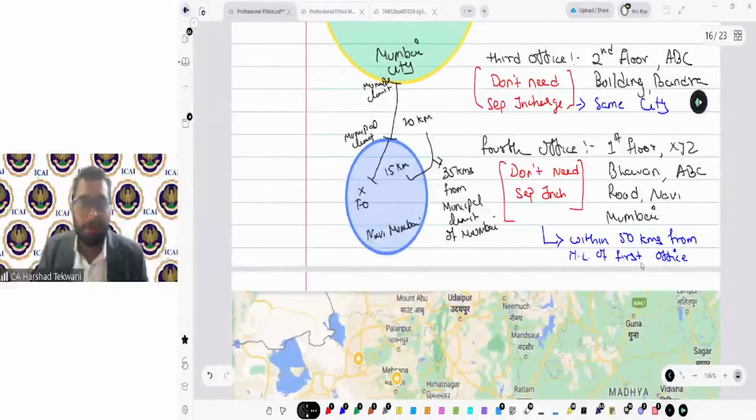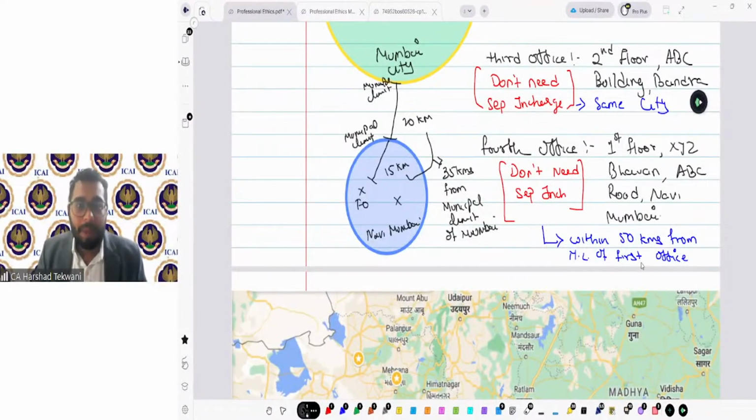If I open another office, let's say a fifth office in Navi Mumbai, then the fifth office and the fourth office in charge can be the same.